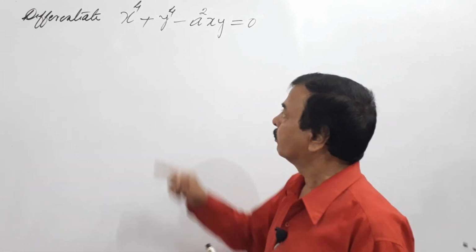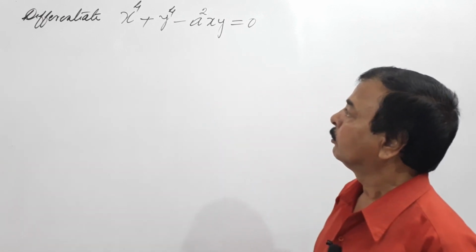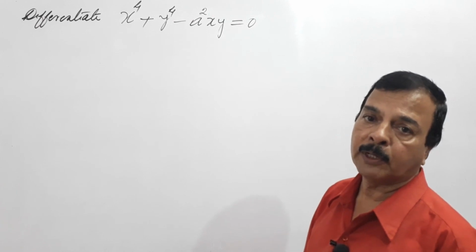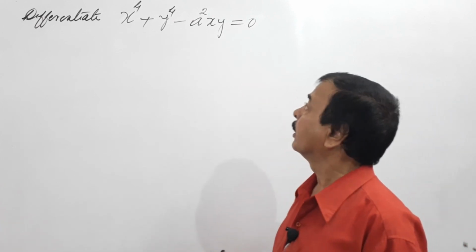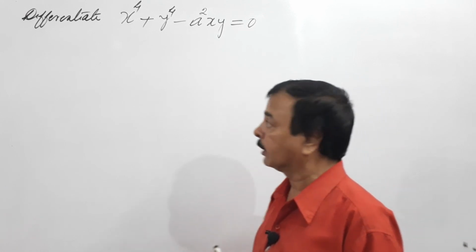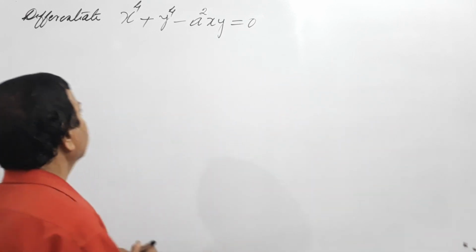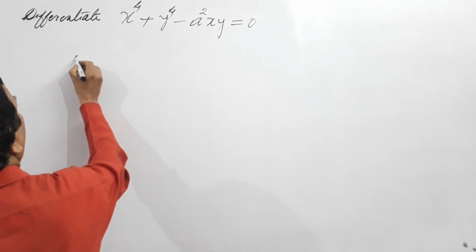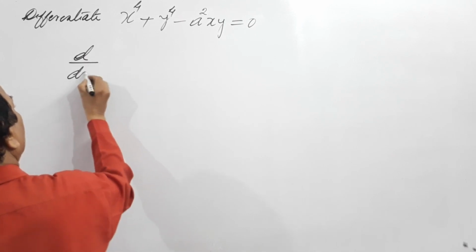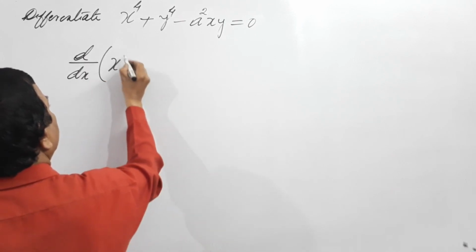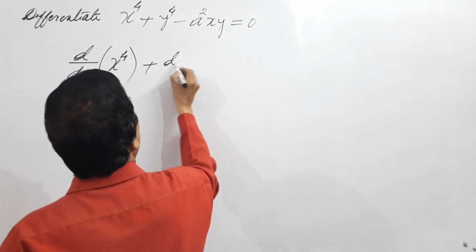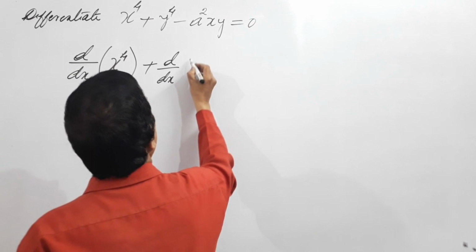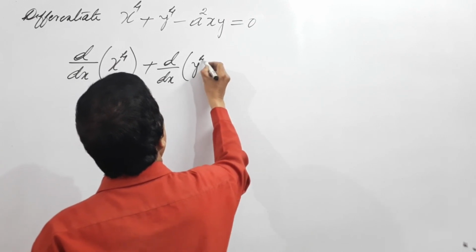So dear students, we are given one more problem to differentiate x to the power of 4 plus y to the power of 4 minus a square into xy. So let's differentiate this. That is d by dx of x to the power of 4 plus d by dx of y to the power of 4.